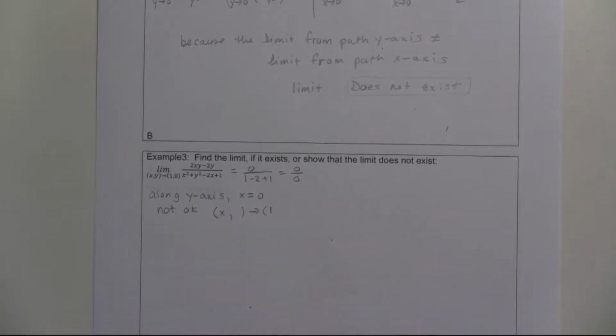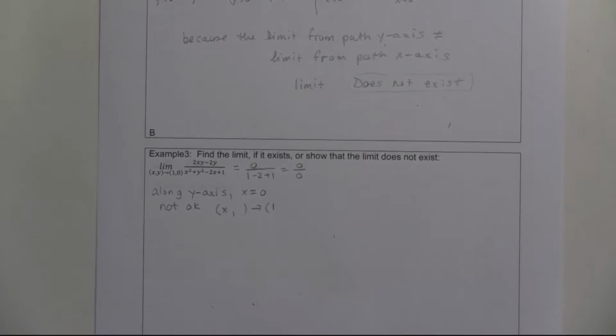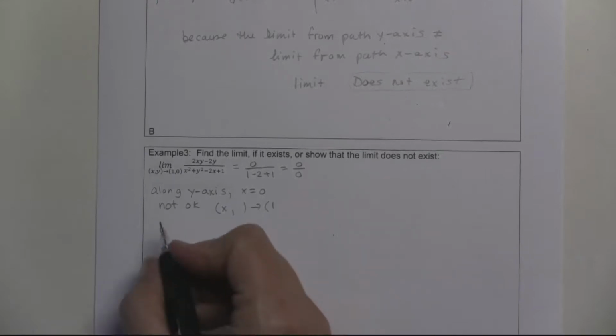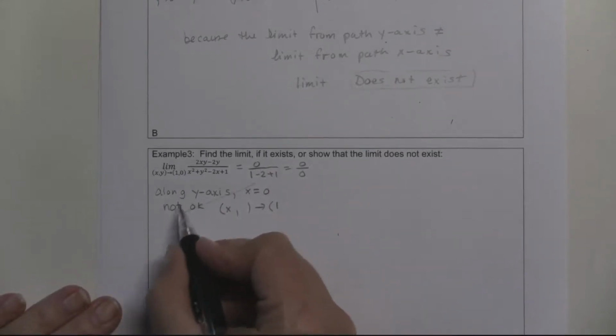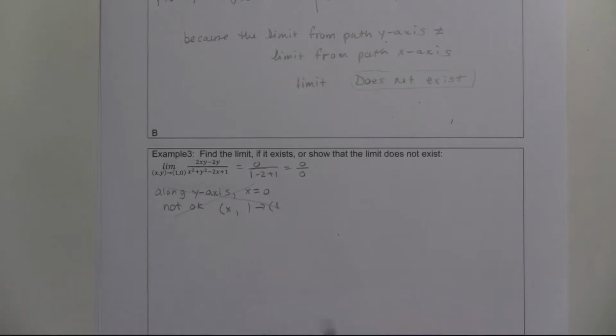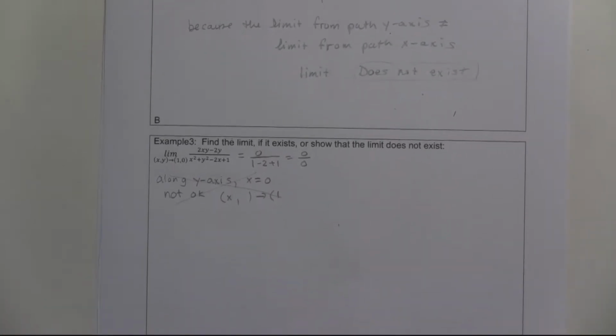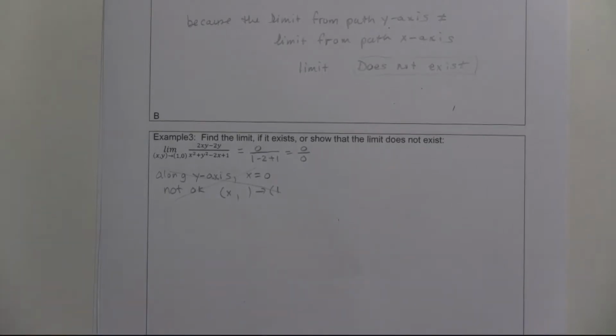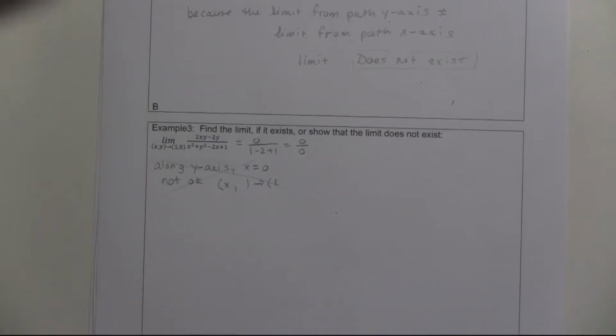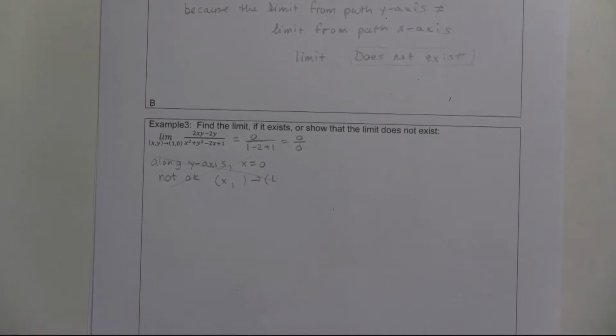X was approaching 1. If x was approaching 0, then I could pick x is 0. So this is not okay for me to choose. I'm going to just cross it out. Probably if I was on my test or on my lab, I would use an eraser, but I just want to make sure that everyone knows I was saying, hey, that's not okay.